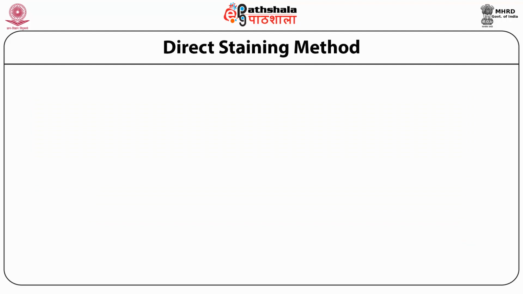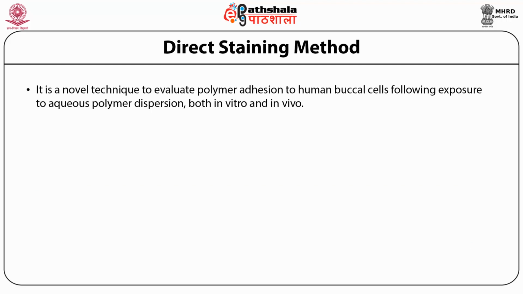The next method which can be employed is referred to as the direct staining method. It is primarily a novel technique used to evaluate polymer adhesion to human buccal cells following exposure to aqueous polymer dispersion both in vitro and in vivo.